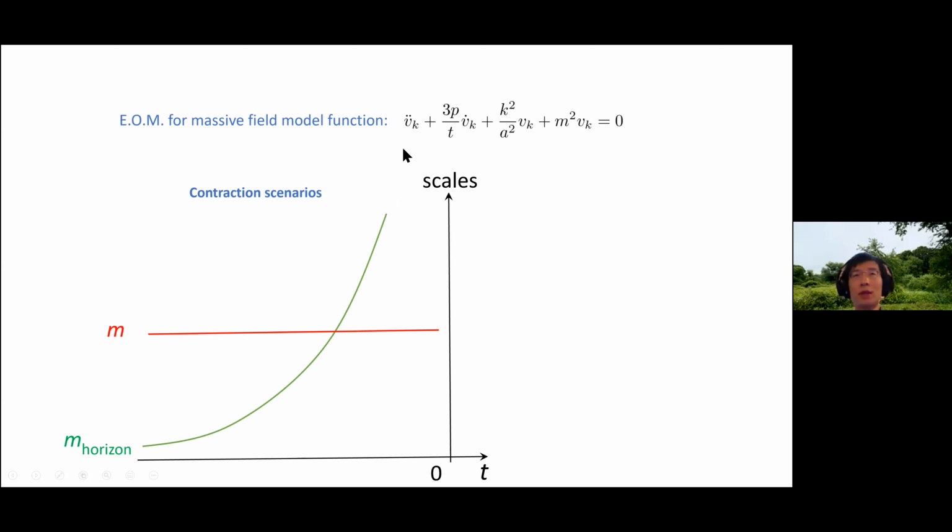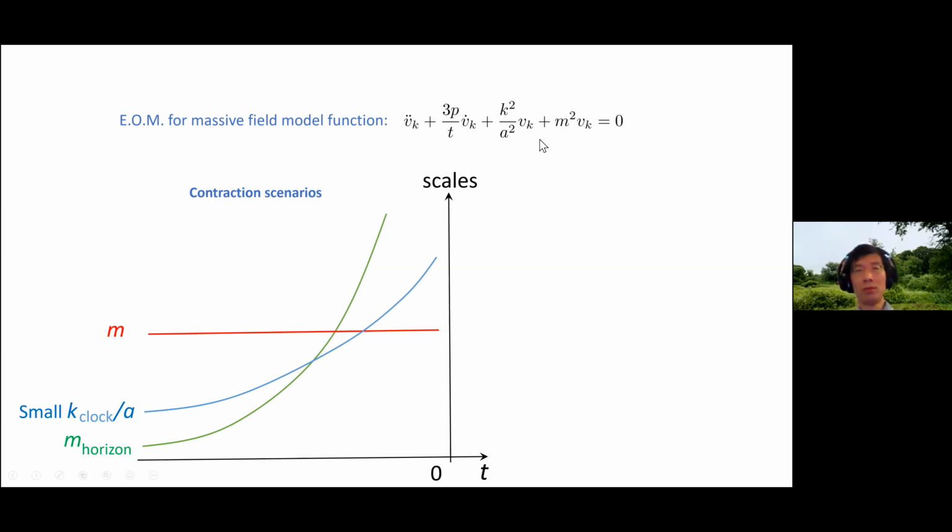So here is the equation of motion for the massive field in a contraction background. There are 3 terms: the second term determines the horizon mass scale, the third is the wave number of the massive field, and the last one is the mass. These 2 we already mentioned the behavior of in the contraction background. But then if we look at the relevance of the K terms, there are regimes when K is small where these K terms never play a role.